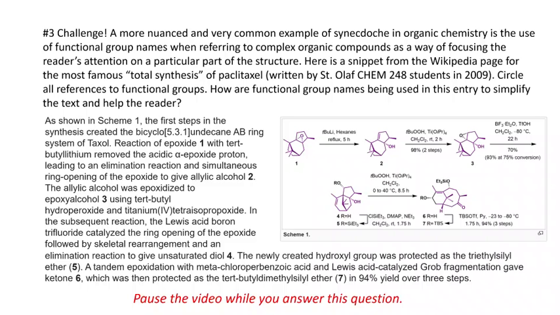Circle all references to functional groups. How are functional group names being used in this entry to simplify the text and help the reader? So pause the video, take a look through this. There's a lot you won't understand, but see if you can pull out the functional group names, and then we'll talk about how they're being used in the article.